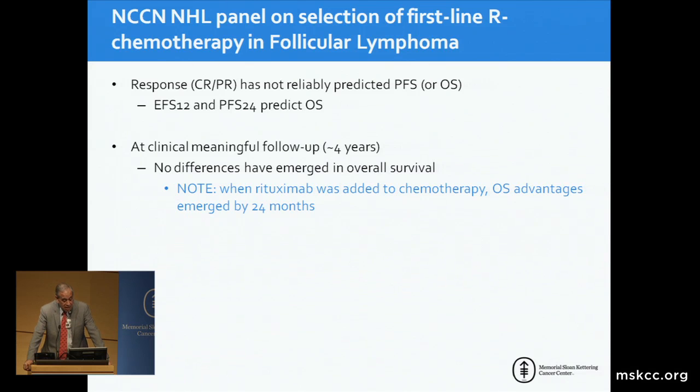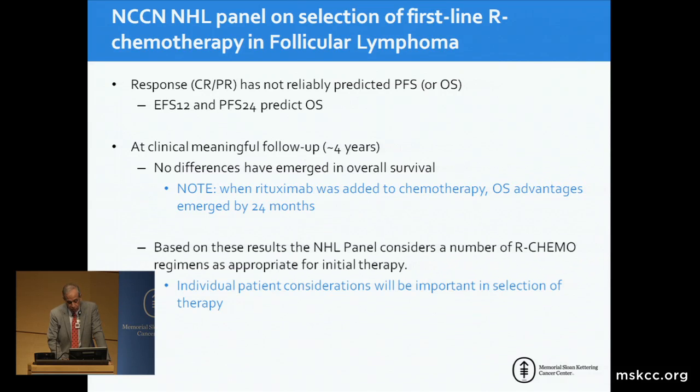And interestingly, if we look back at when we added rituximab to chemo, where did we start to see an overall survival benefit emerge? It was around 2 years. And now with 4 years of follow-up, we're not seeing any suggestion of an overall survival advantage emerging between different regimens, our chemo regimens. So we consider a number of our chemo regimens as appropriate for initial treatment.